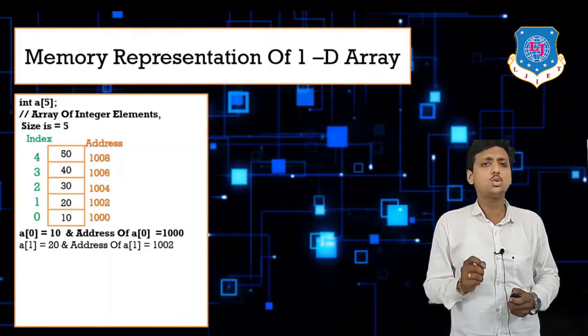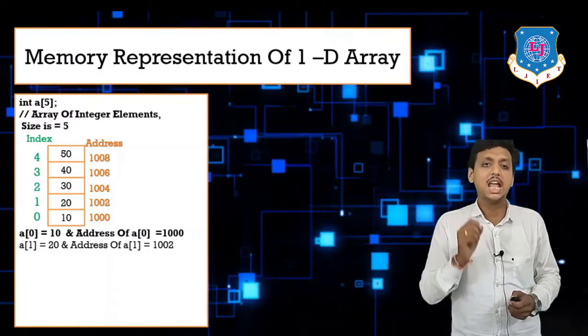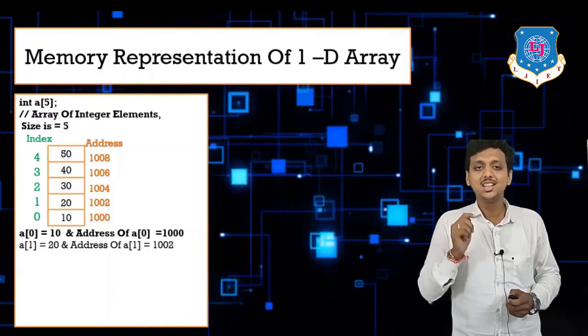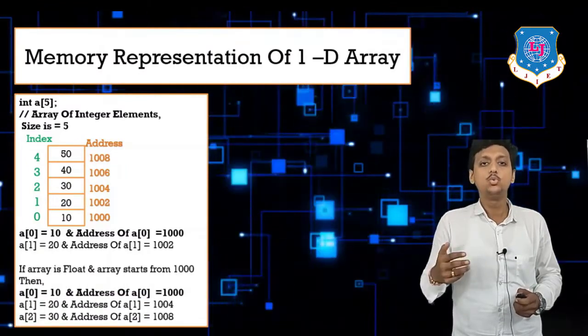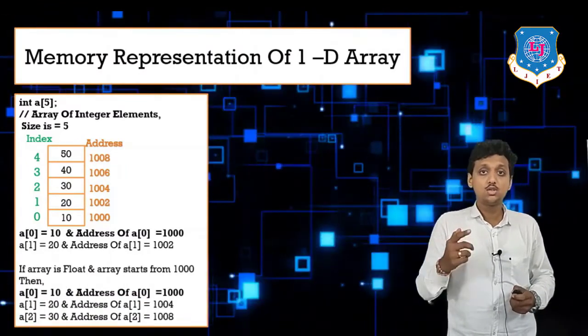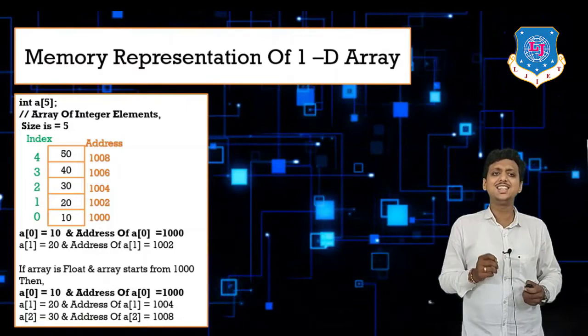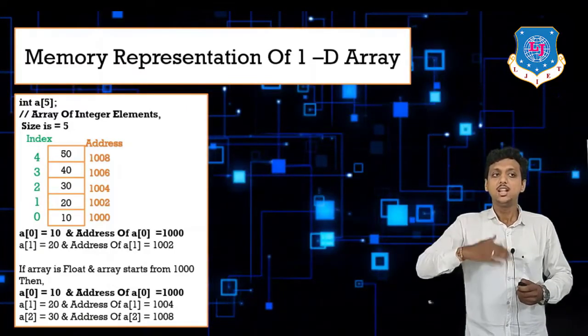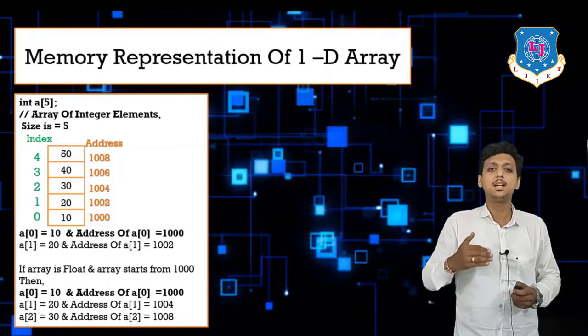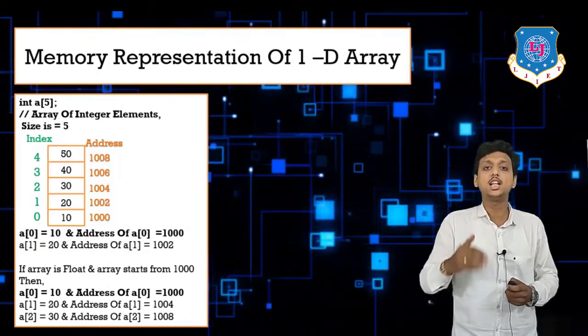The element stored at a[0] is 10 and the address of a[0] is 1000. The next element's address is 1002, which is a[1]. So here you can easily say that if my array is of integer type, then the address is incremented by 2 bytes.